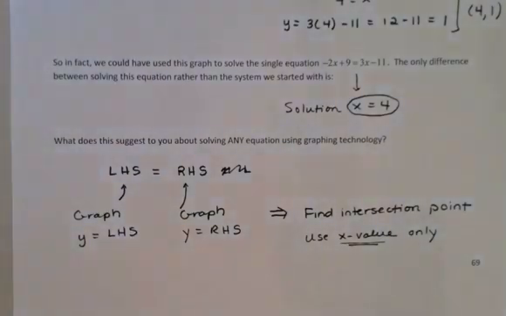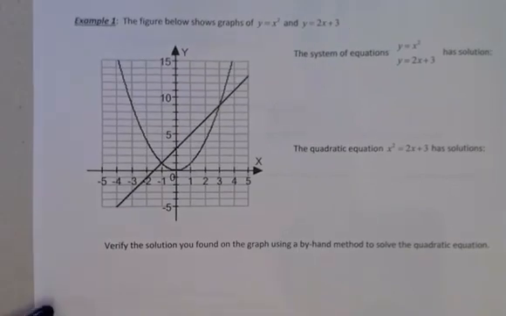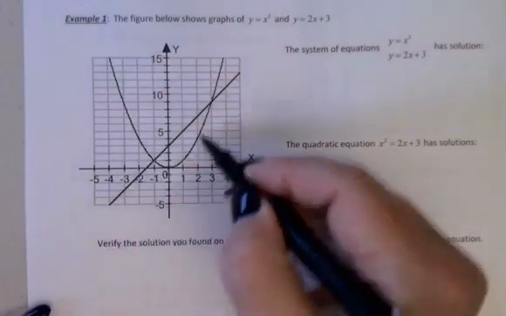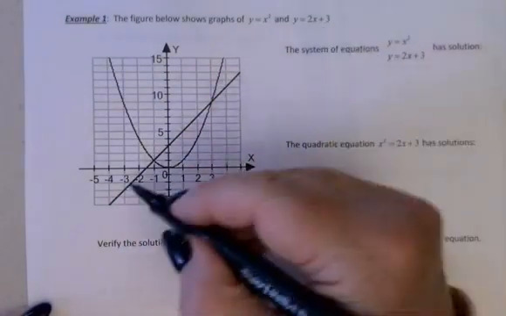All right, let's take a look at how this would work in a couple of examples. In example 1, we've got two graphs in the picture. Y equals x squared, of course, is our parabola, and y equals 2x plus 3 is our line.